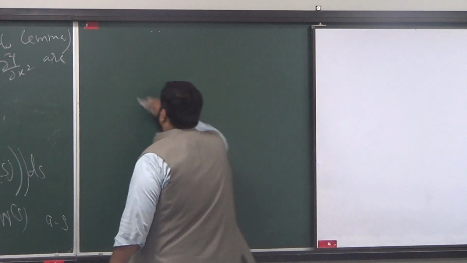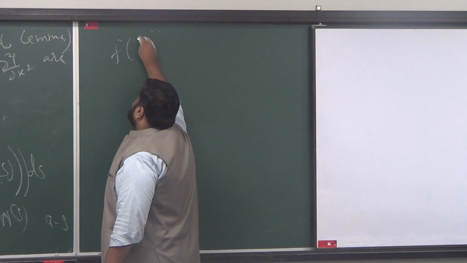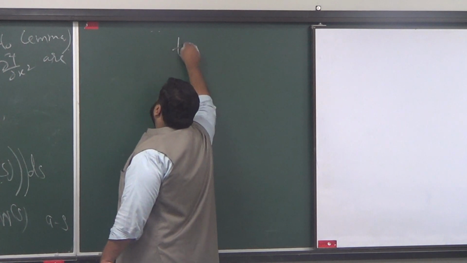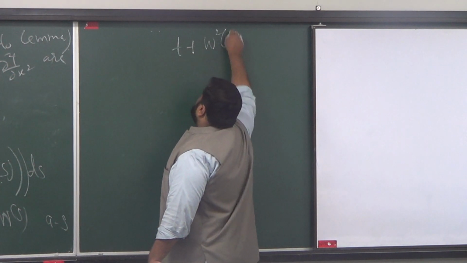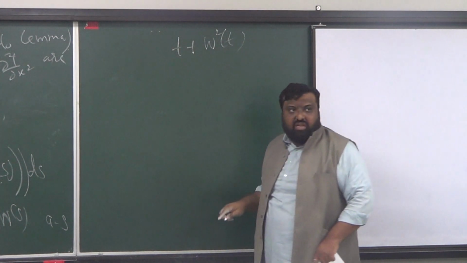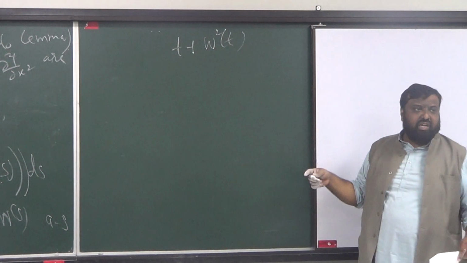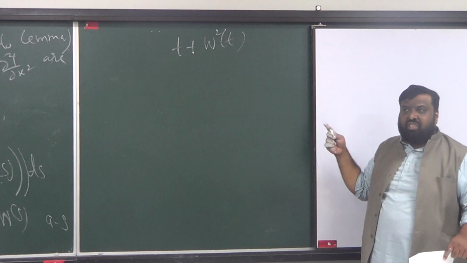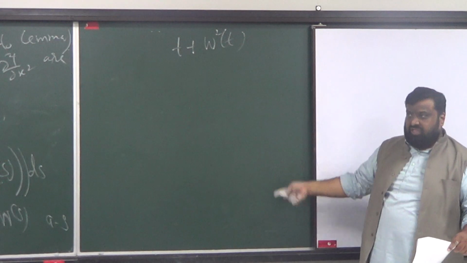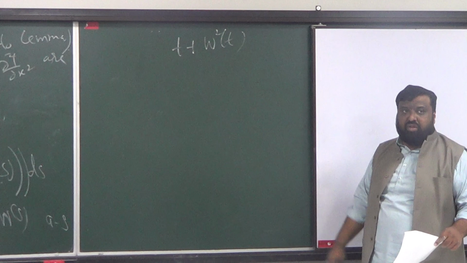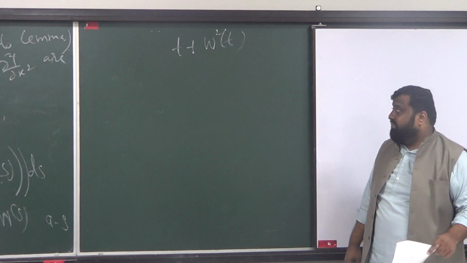So imagine you have f that is, for example, t plus w square of t. Your previous formula wouldn't work, because this is a function of time and a function of Brownian motion.